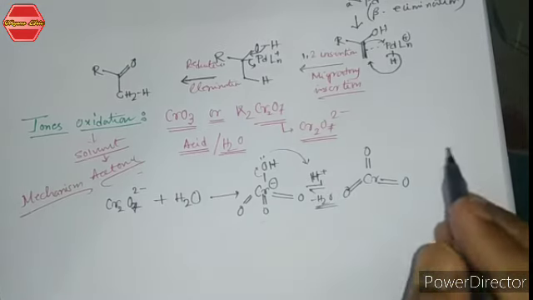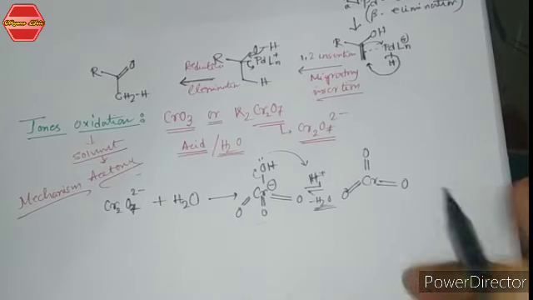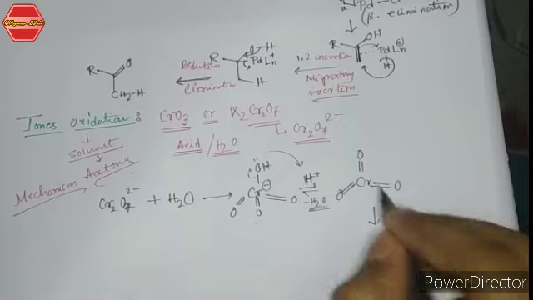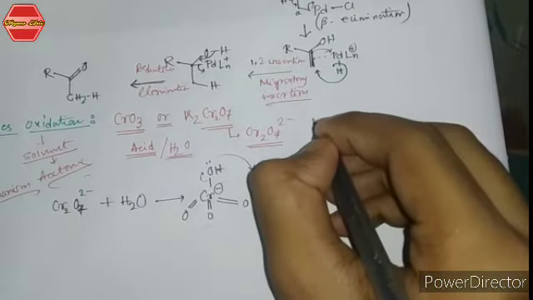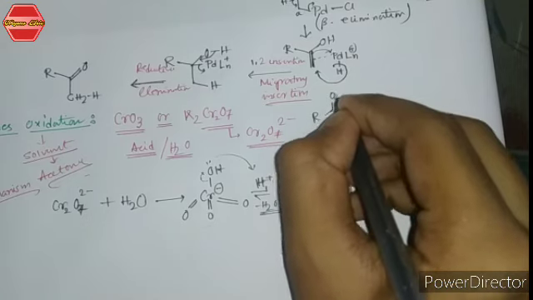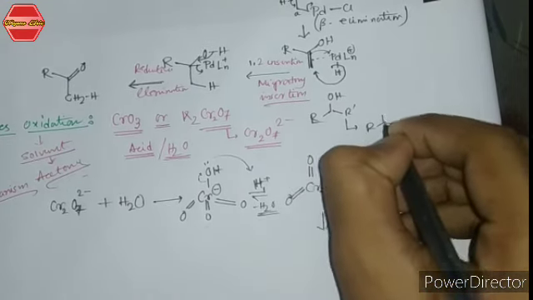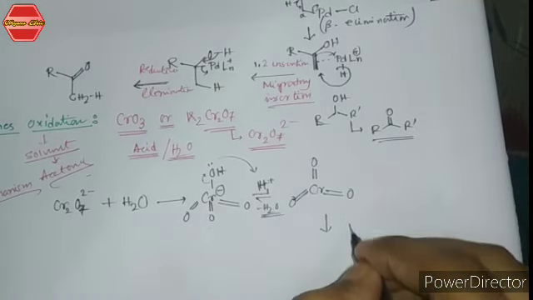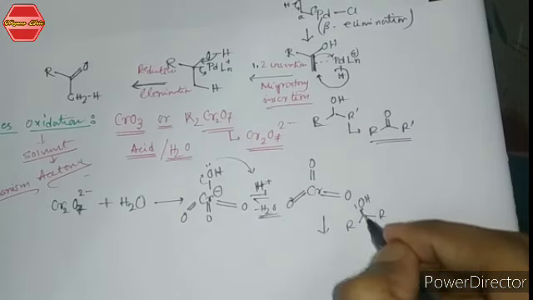So this is how the CrO3 forms, and now you put in some alcohol, which will be converted to a ketone. I am taking a secondary alcohol, a 2 degree alcohol.